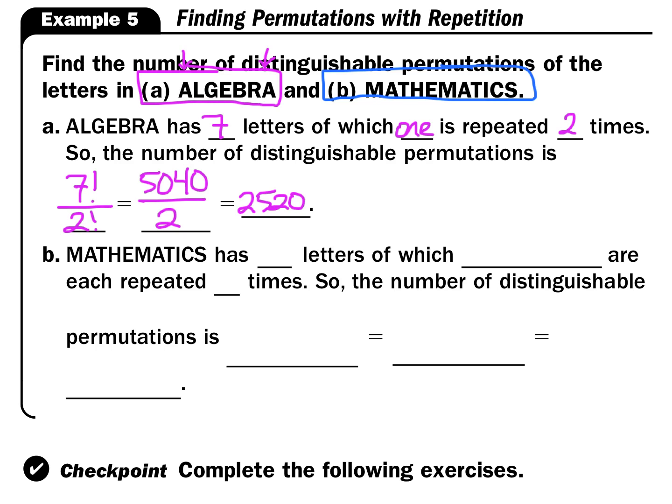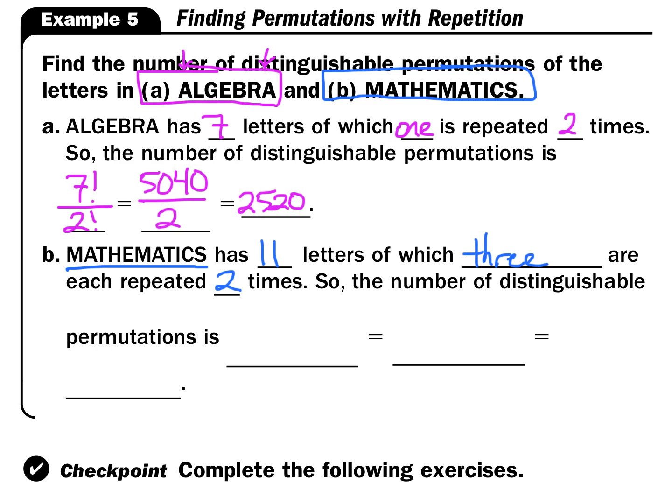Now, the next one, mathematics. Okay, so we look at mathematics. It has 11 letters, of which we have 3 repeated letters. We have the repeated letter A, the repeated letter M, and the repeated letter T. And each of those is repeated 2 times.